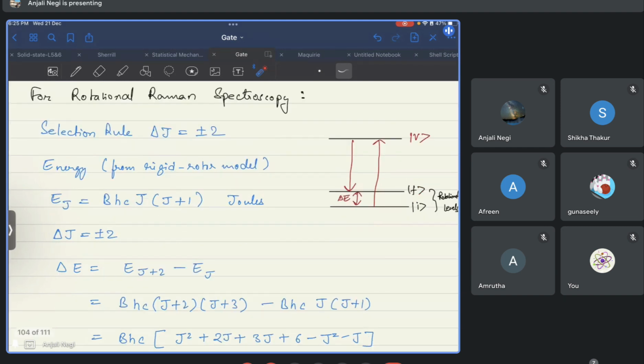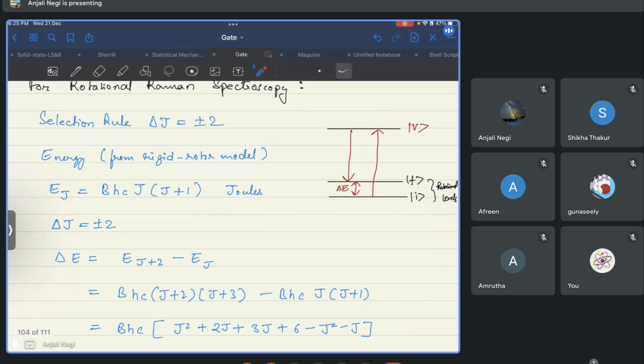So these are my rotational energy levels, some initial and some final, and this is my virtual state. The excitation takes place from initial to the virtual, and then coming back from virtual to the final, such that the energy gap is this delta E.